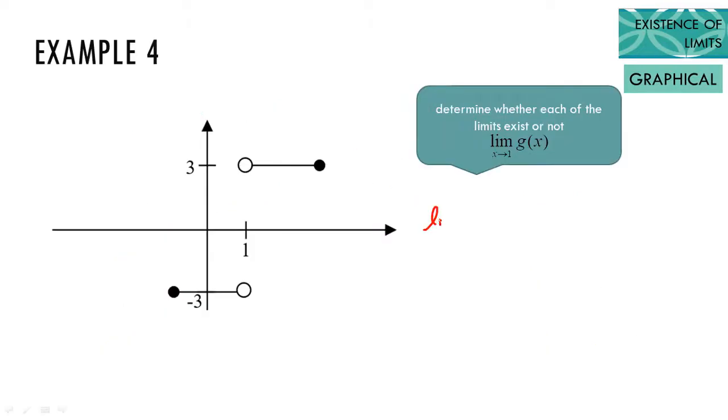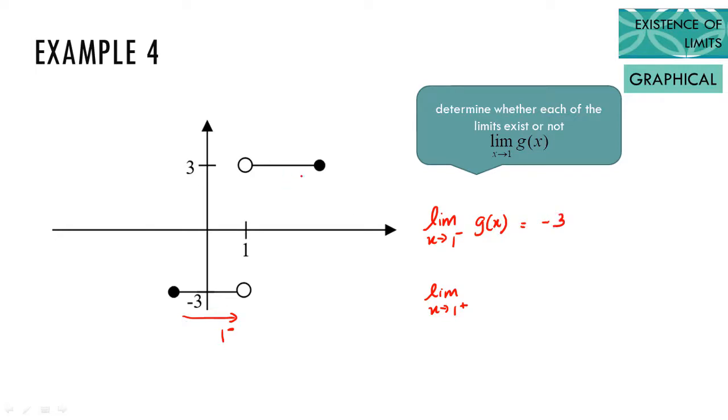From these two-sided limits, we can say that the limit exists. Example 4 will be another example, where the limit does not exist. It is very obvious that the two functions are not linked to each other. The left side function is a horizontal line at the bottom where y is equal to negative 3.